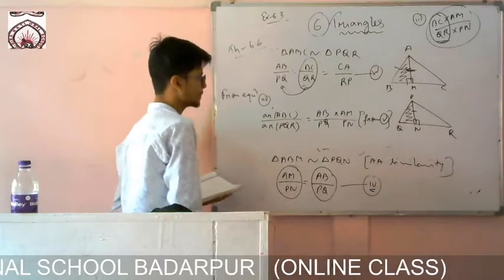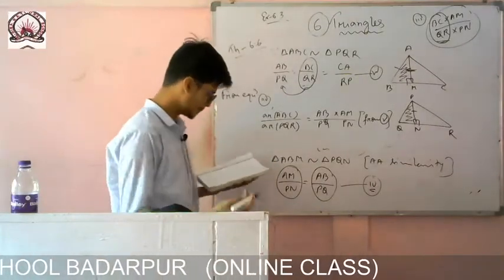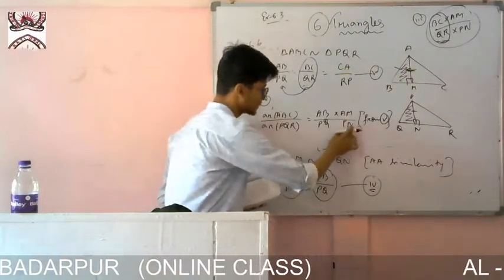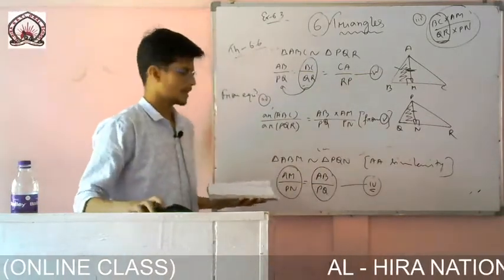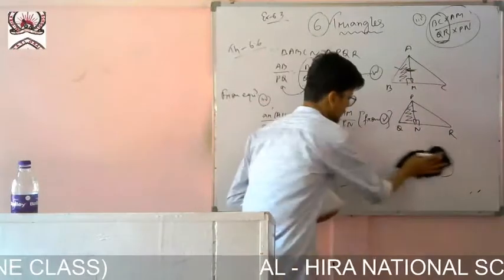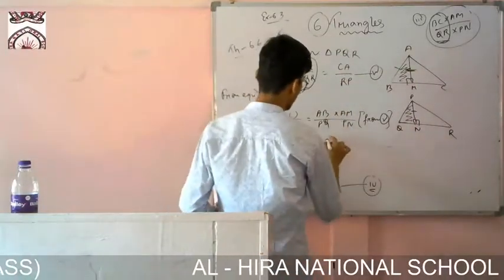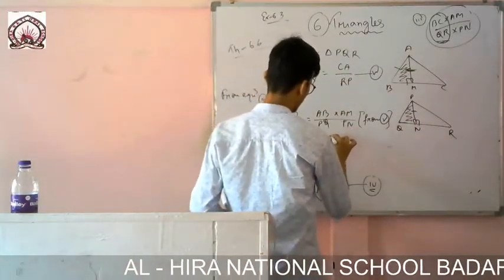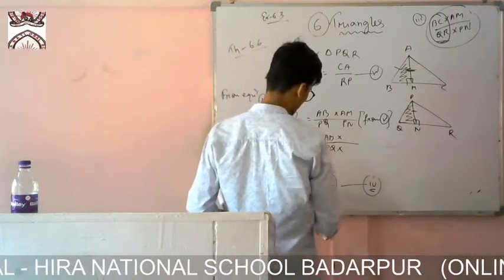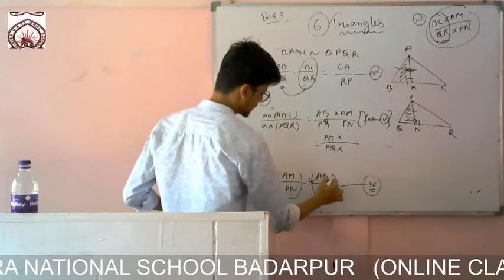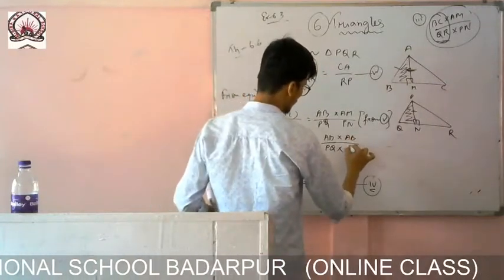So in place of AM by PN I can write AB by PQ also, from equation number 4. So it will be equal to AB by PQ into AB by PQ.